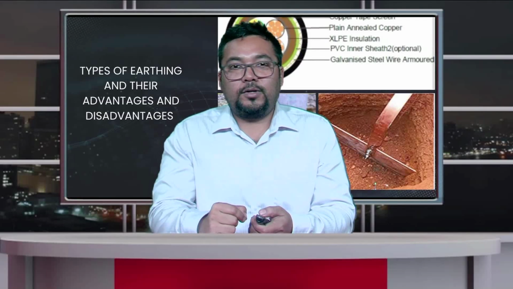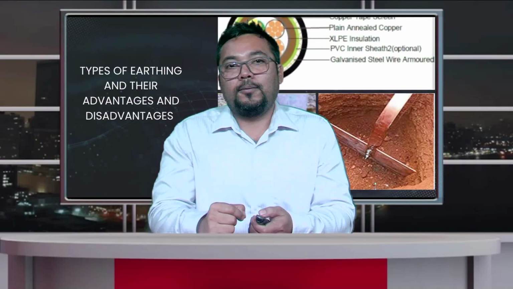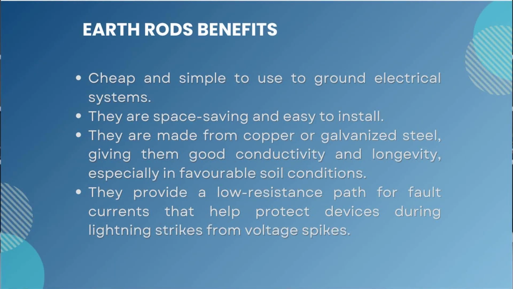So what are the benefits of this kind of earthing? Earth rods, or rod earthing, are cheap and simple to use in a ground electrical system. They are space saving and easy to install, and are among the best grounding systems for homes or industries.